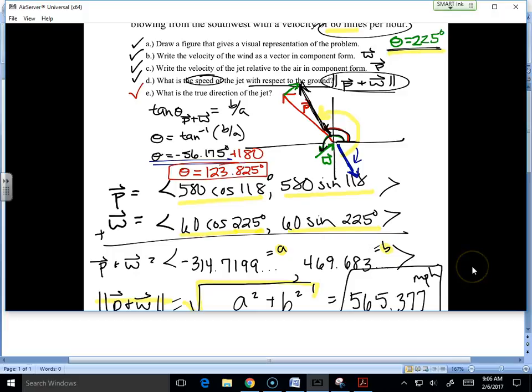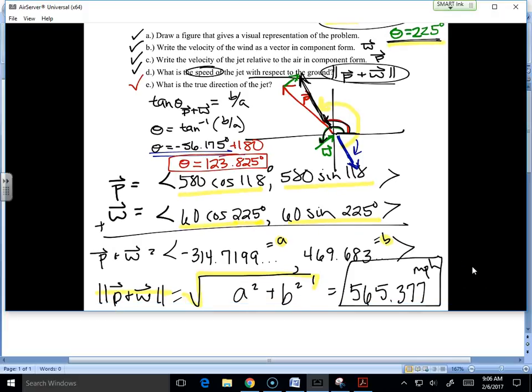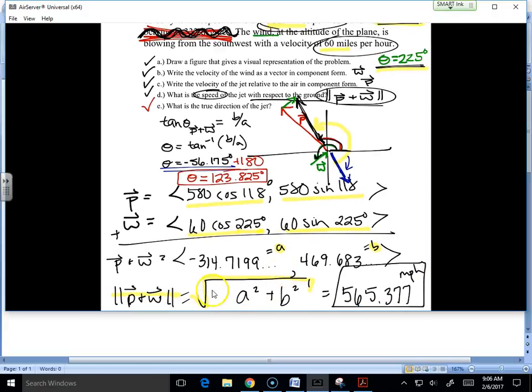But how do we use that to get magnitude and direction? We use our formulas: take the a and the b, square them, add them, and square root them for magnitude, the Pythagorean theorem ultimately. And take tangent inverse of b over a to get an angle, which is great, unless the math says he's going this way and it's opposite. Then we have to add the 180. Once again, math has its own limitations. We still have to keep our logic.